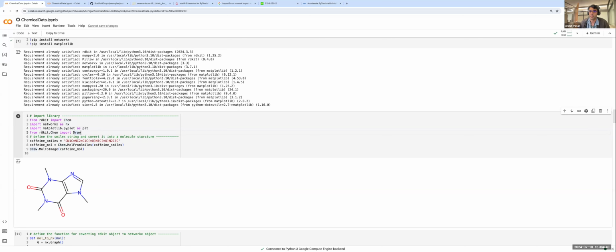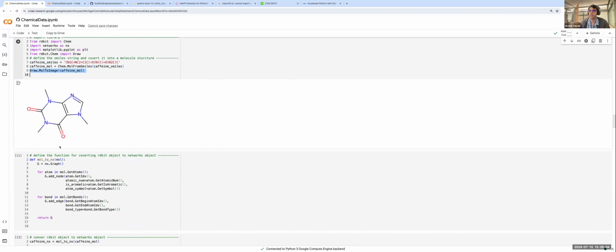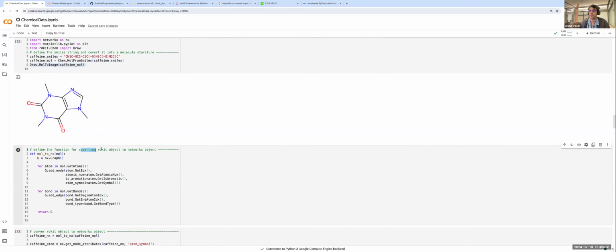RDKit is software that lets you deal with chemical data. I'm inputting the SMILES for that caffeine, and then you can draw that image using RDKit. The interesting part is that you can convert this RDKit object to a NetworkX object, which is an API for dealing with graph structures.